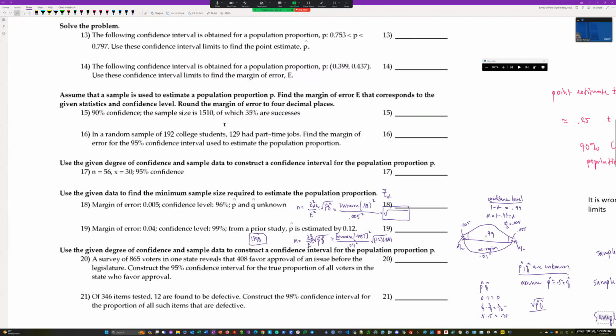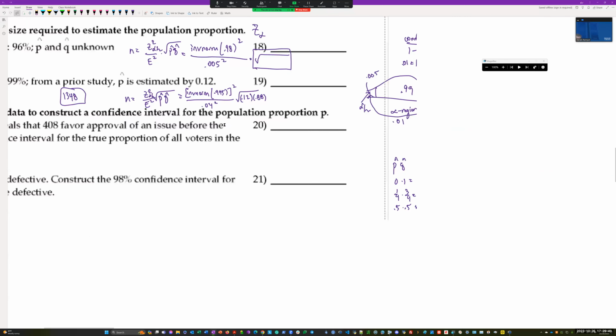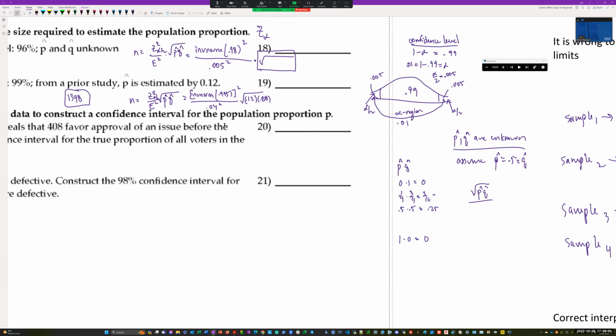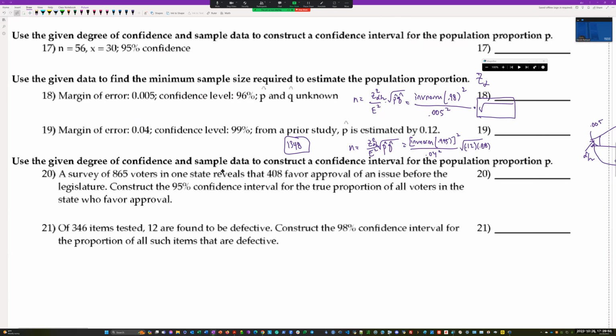Let's just remember what we're trying to do here a little bit because this is kind of confusing. All right. So we're trying to estimate how many people we need to sample so that when we sample, we're going to be 96% confident that we're going to be within 0.005 of the correct answer. Does that make sense?